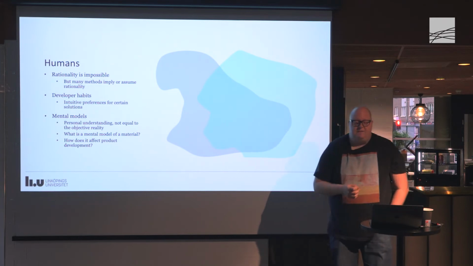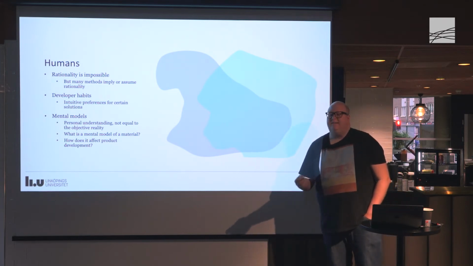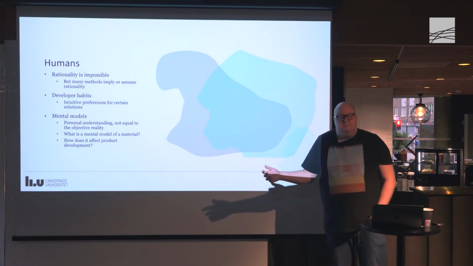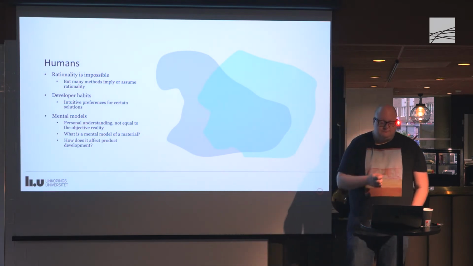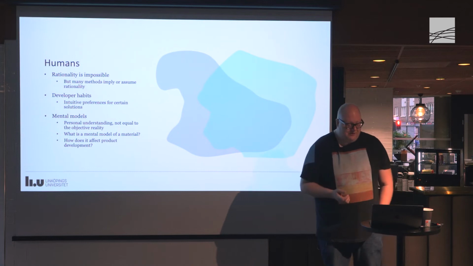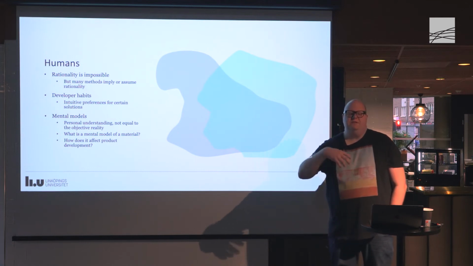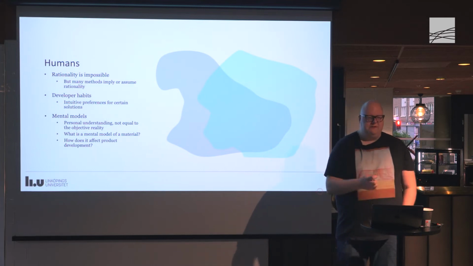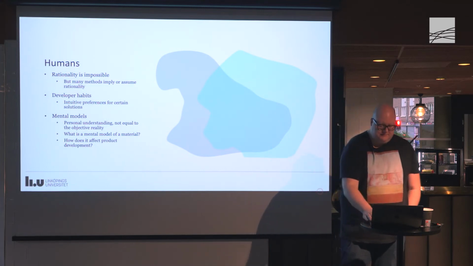But all of this affects product development and affects the design that you can actually end up with. Because, as I said, if you don't know that you're looking for something, or if you don't know that something is possible, you will never go try to find it, or you will very seldom go and try to find it.